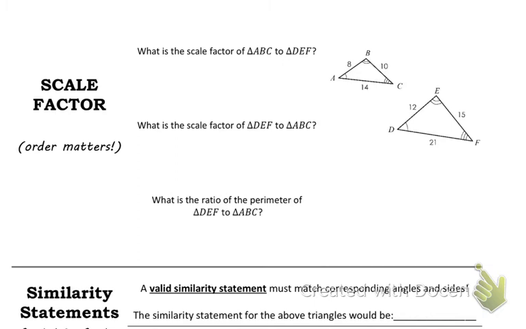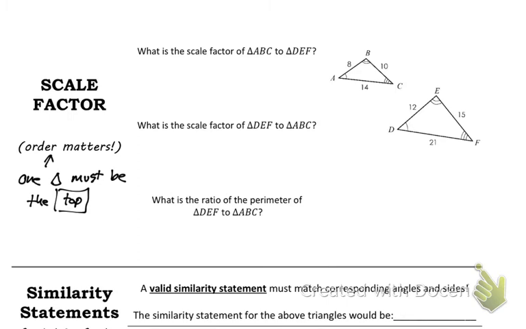That means one triangle must be the top, so that every single time I talk about that triangle, it goes on the top of the proportion. Most of the time you get to pick which is the top and bottom. Some problems tell you what has to be the top and bottom.